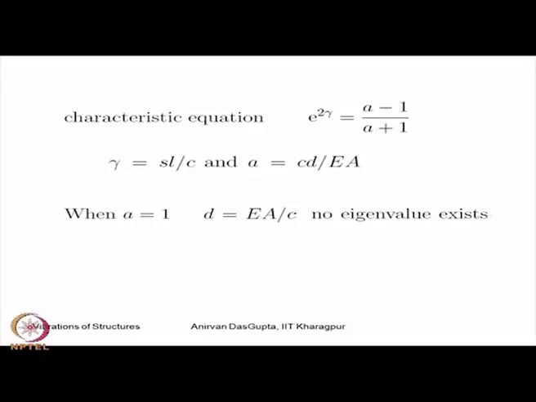Now, you see that when A equals 1, there is no value of gamma for which this characteristic equation can be satisfied. It must be minus infinity, so there is no finite value of gamma. We will say that there is no existence of an eigenvalue when A equals 1, and A equals 1 when the damping coefficient D takes on this very special value EA over c. So, for this problem we did not have eigenvalues.